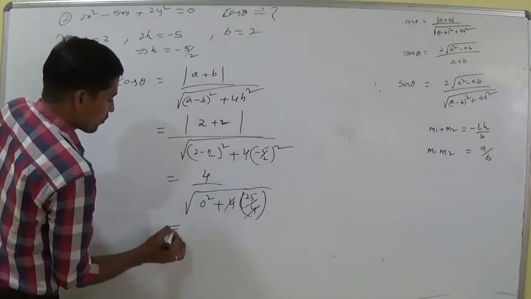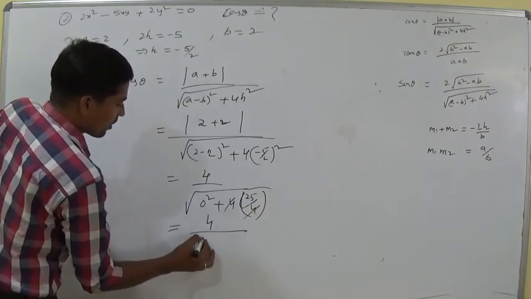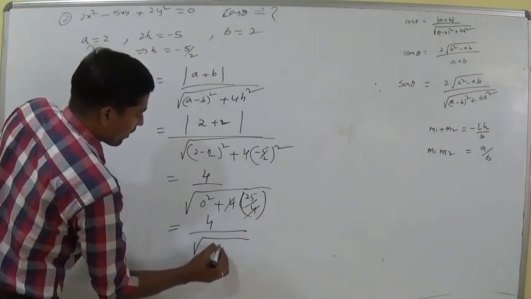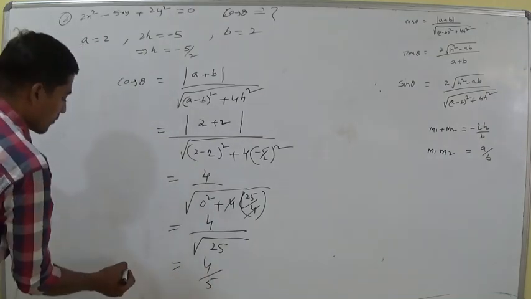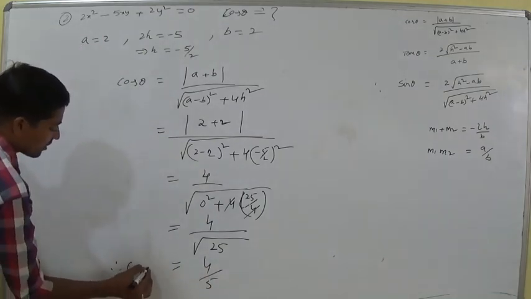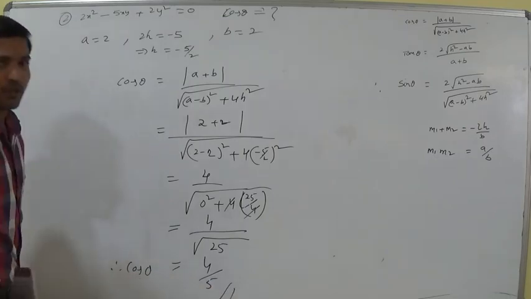So 4 by square root of 25, which is equal to 4 by 5. Therefore the value of cos theta is equal to 4 by 5.